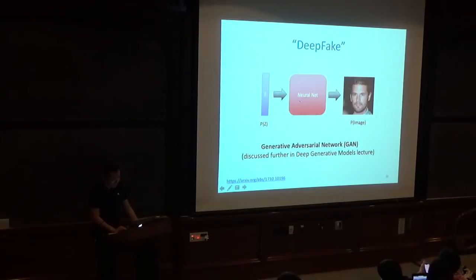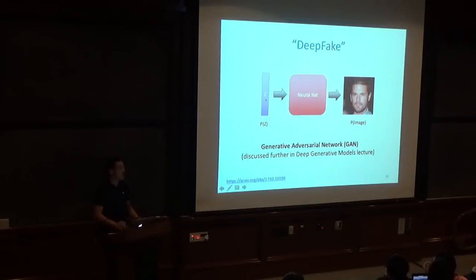So rather than this red box being a lookup table, it is a neural net. And so this is a deep generative model. Now how do I sample? Well, Z is typically Gaussian distributed.